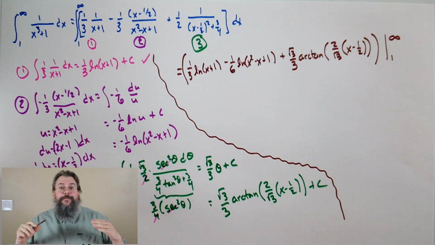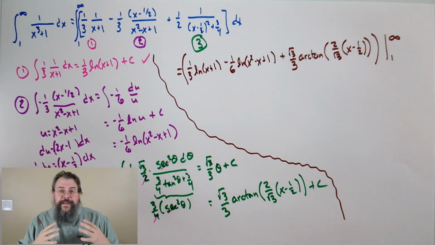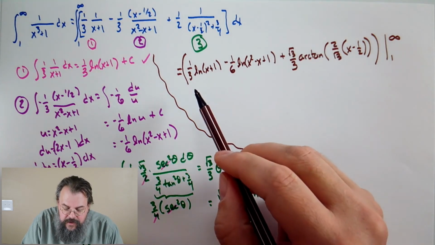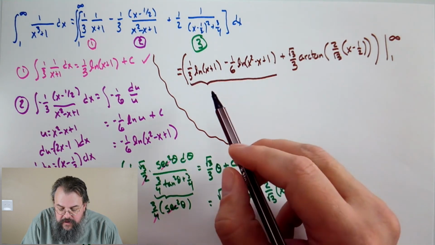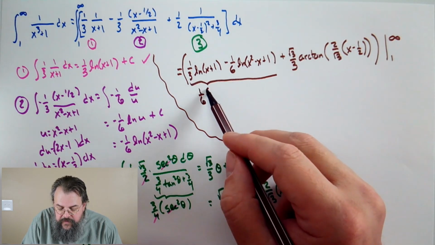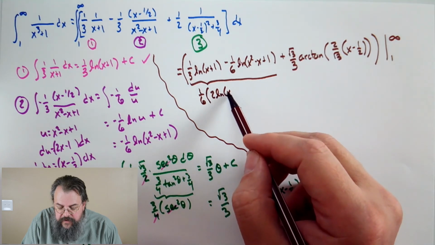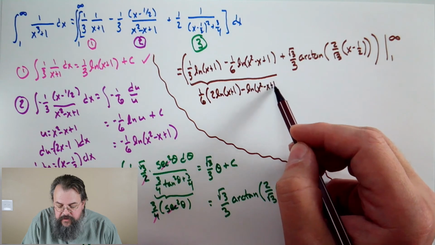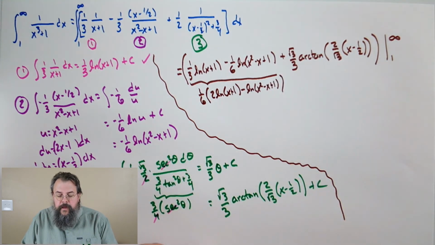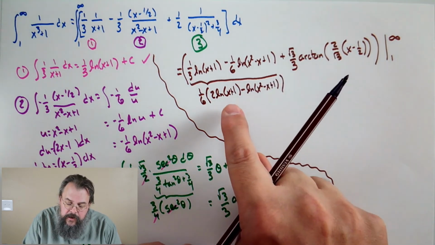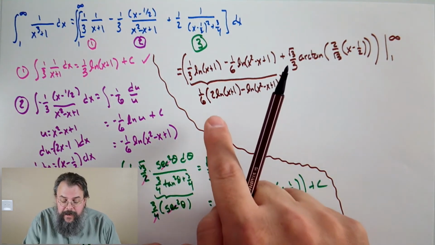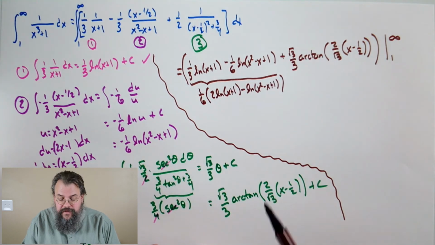Well, here's where we can say, let's use the power of natural logs to combine. So maybe before we evaluate, let's think about what we could do. Let's pull out a 1/6. So this is 1/6, then you have 2 natural log of x plus 1, subtract natural log of x squared minus x plus 1. All right, now the key here is subtraction corresponds to division. Constants become exponents.